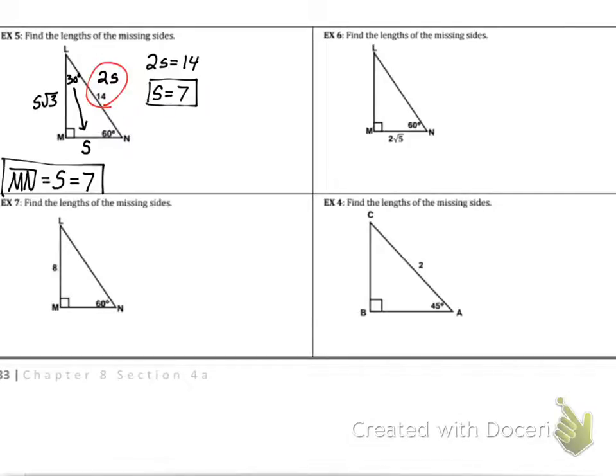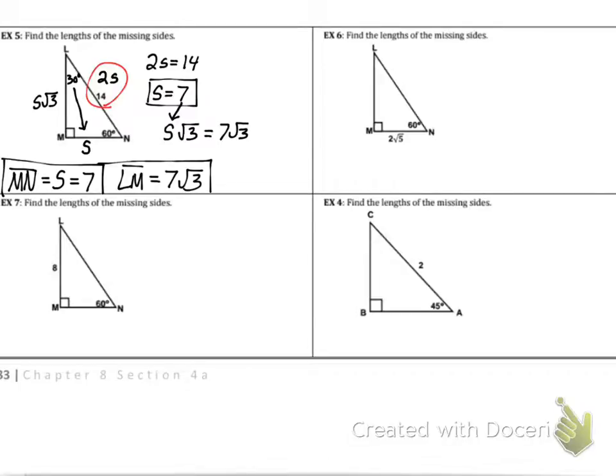Because side LM equals S square root of 3. So S square root of 3, if I plug in my 7 for that S, is going to equal 7 square root of 3. So LM is going to equal 7 square root of 3, and we are done.